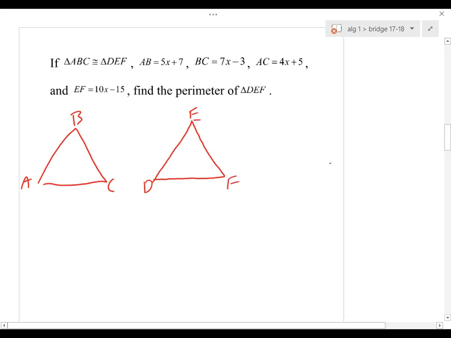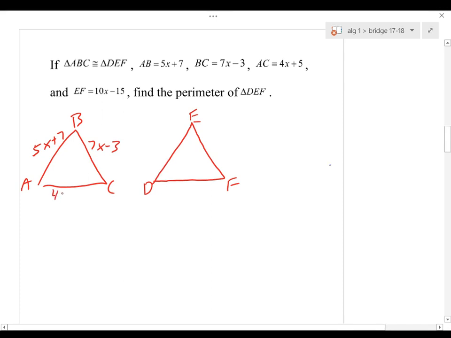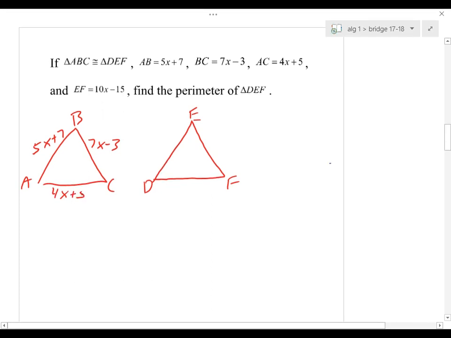So I know that segment AB is equal to 5x plus 7. Segment BC is equal to 7x minus 3. And AC is 4x plus 5. In addition, segment EF is equal to 10x minus 15.